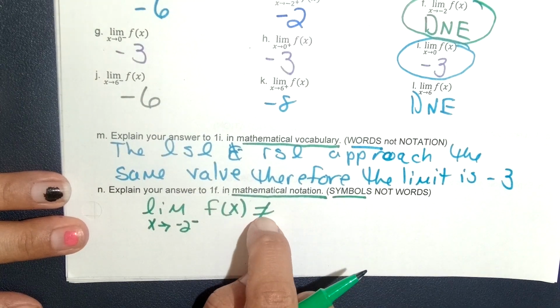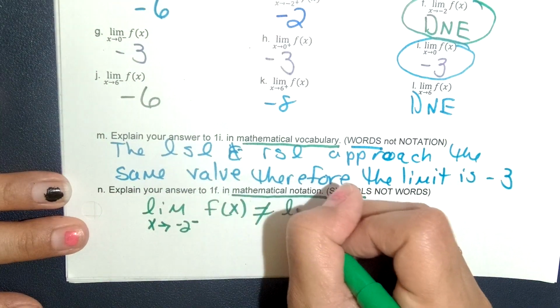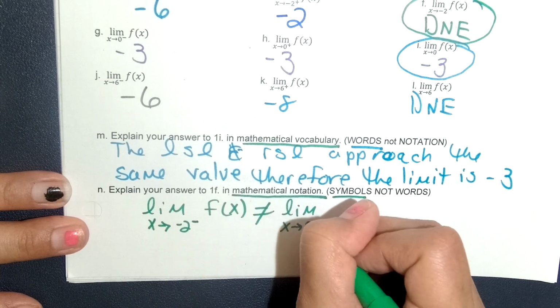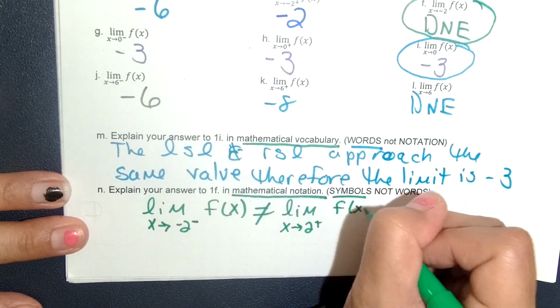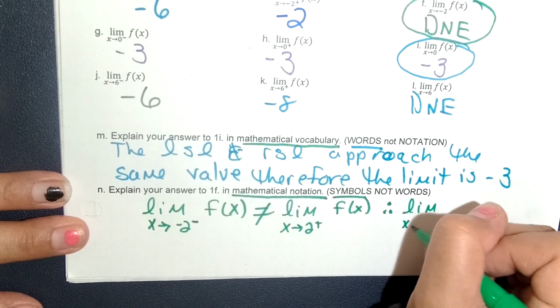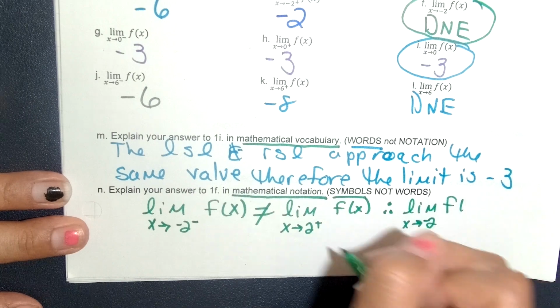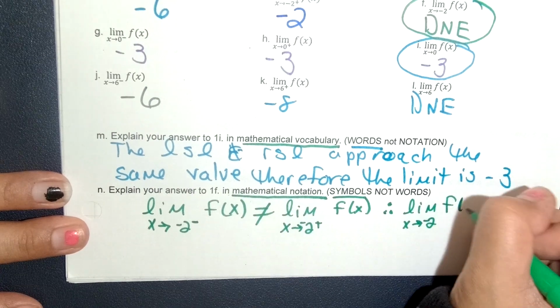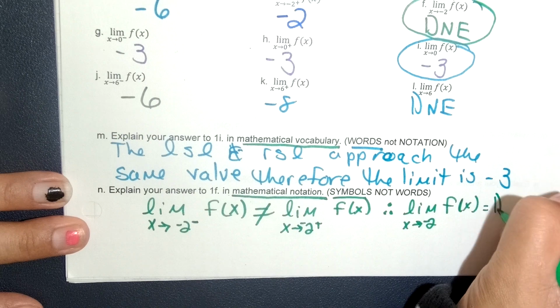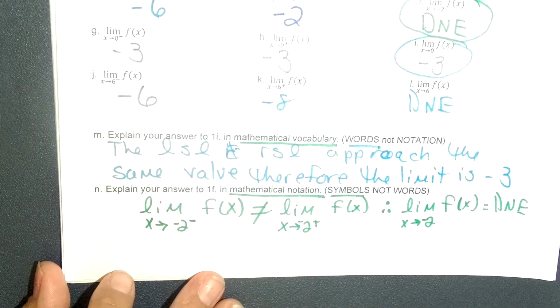Does not equal. And we know that because these two things are not equal, right? The limit as x approaches -2 from the right of f of x. Therefore, the limit as x approaches -2 of f of x does not exist. Oops, my bad.